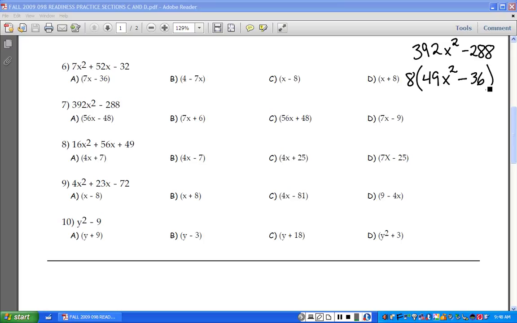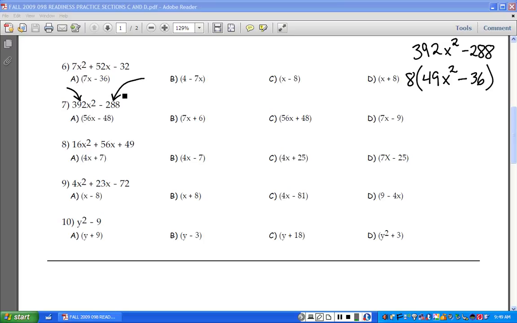Now there's a couple things about this problem that give me some indications about how I want to work it based on just how the problem is initially set up. What I notice when I'm looking at number 7 is that I'm dealing with a binomial, because this initial problem, unlike the others we've done, is only 2 terms. 1, 2, only 2 terms.